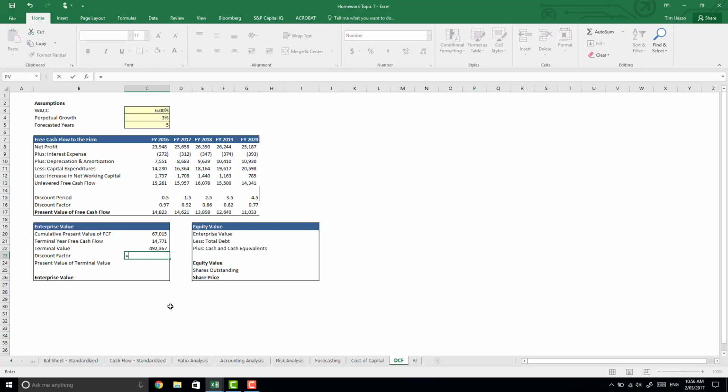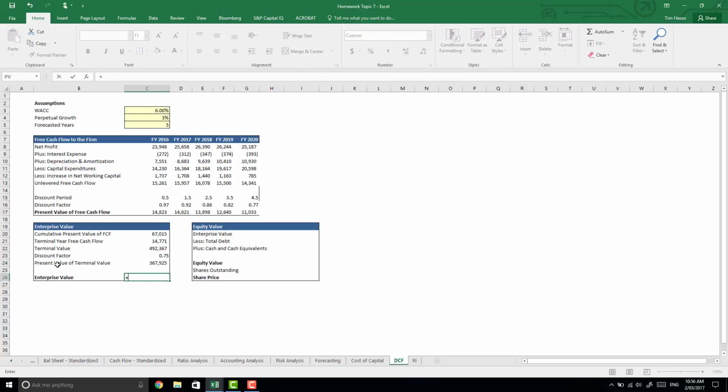We take 1 divided by, open up a bracket, 1 plus the WACC, and then to the power of, in this case, I'm going to reference my forecasted years, which is 5, because I need to get it back 5 years prior. That gives me a discount factor of 0.75. The present value of the terminal value is then just equal to the terminal value multiplied by the discount factor.